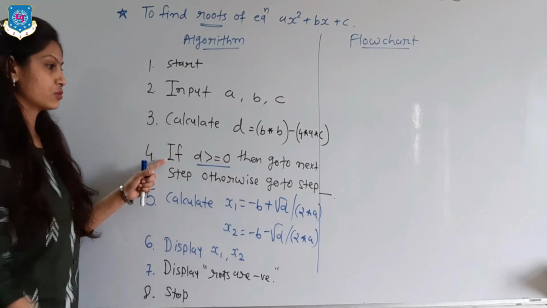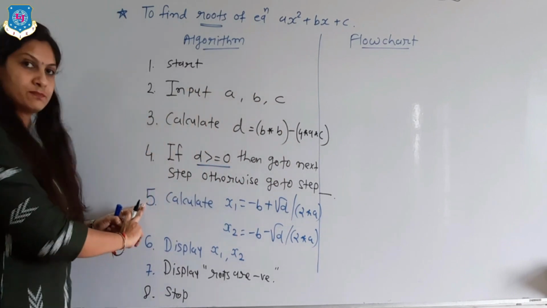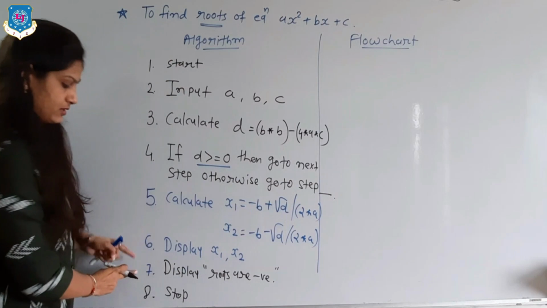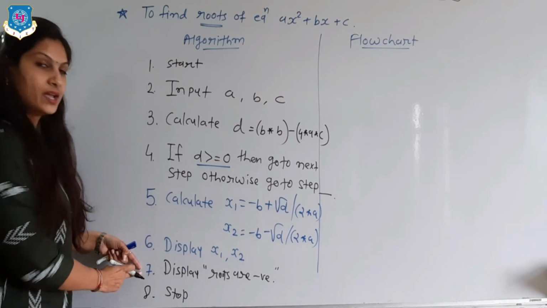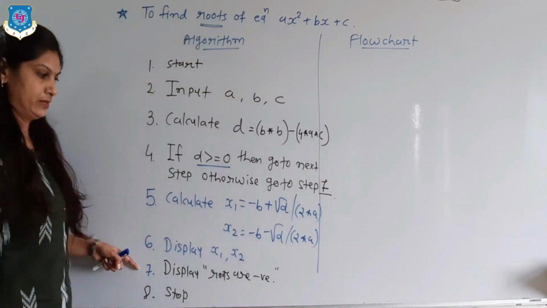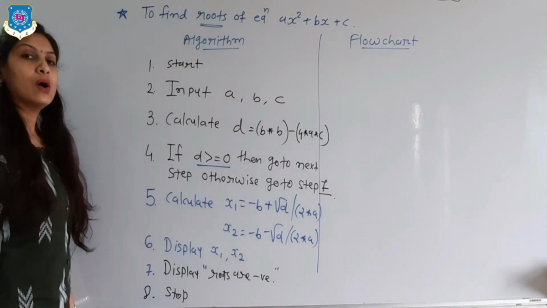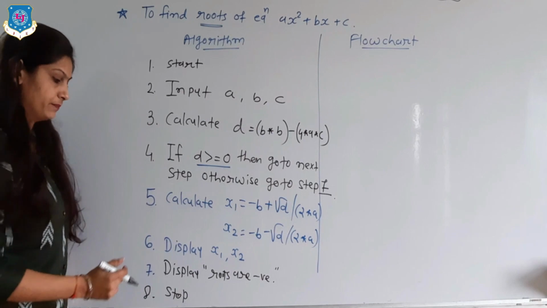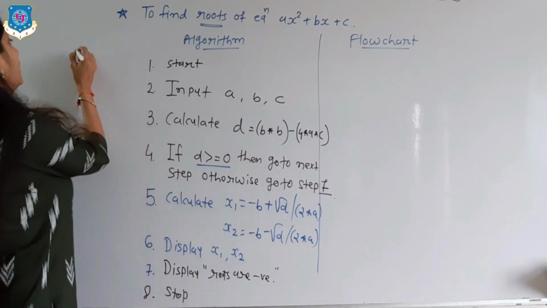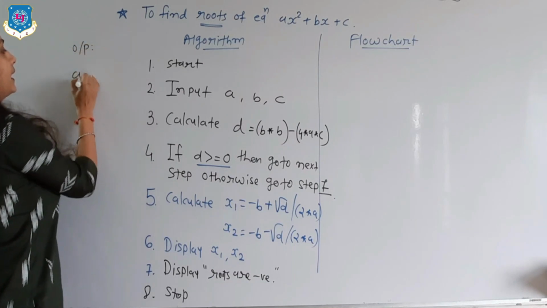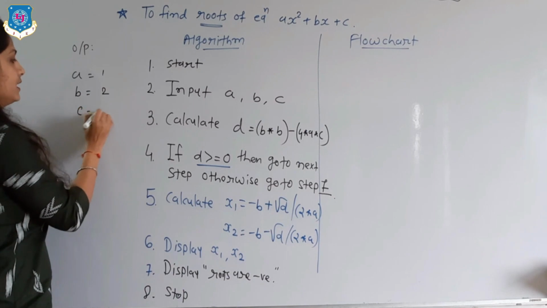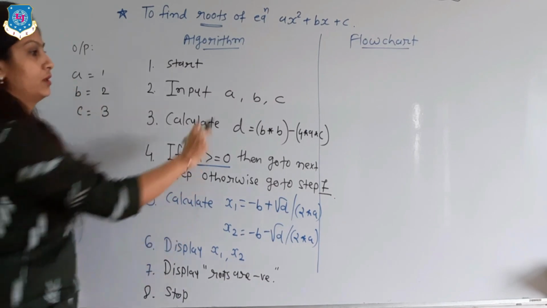So if the condition is true, then you have to go to the next step, otherwise go to step at which place? Now you can see here in step number 7. So write down the step number 7. Now how the output will come? Let's say A equals 1, B equals 2 and C equals 3, that is our input.